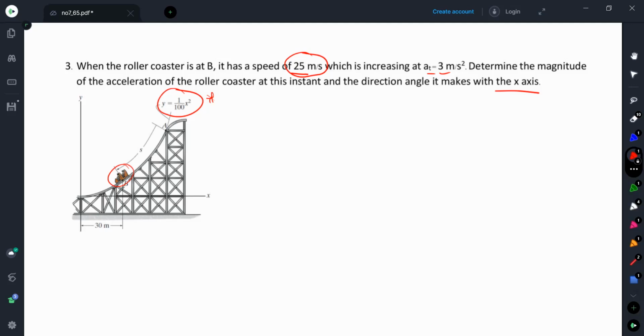You don't drive a car with Vx equal to 40 meters per second and Vy equal to 50 meters per second. No car reports like that, and no car reports the acceleration in X and in Y.